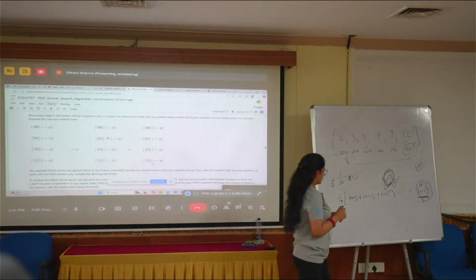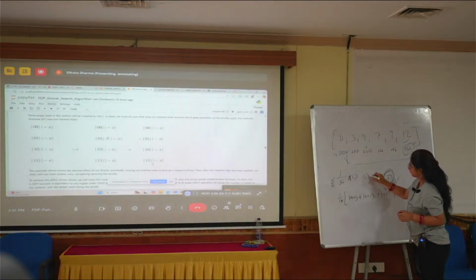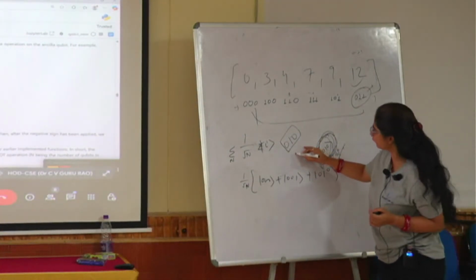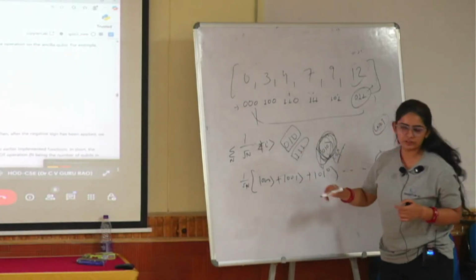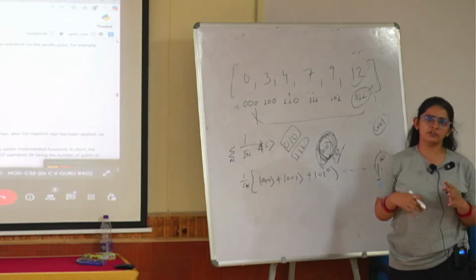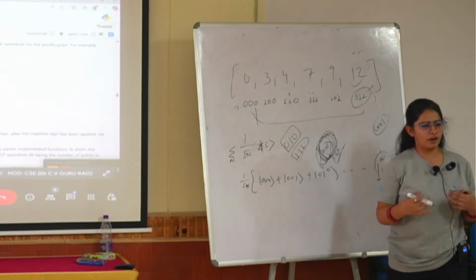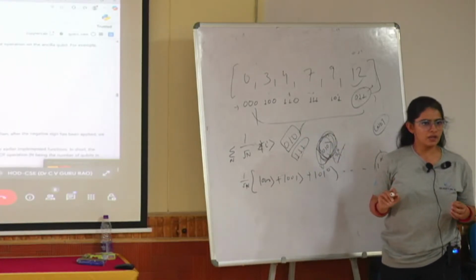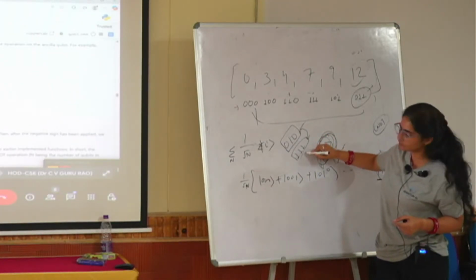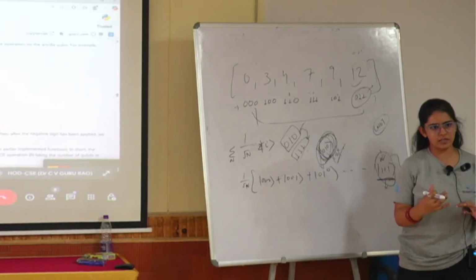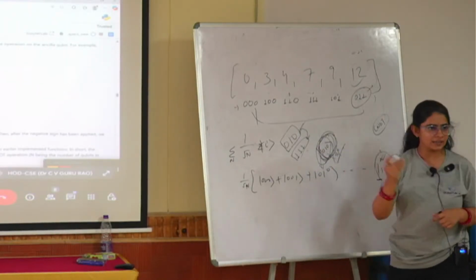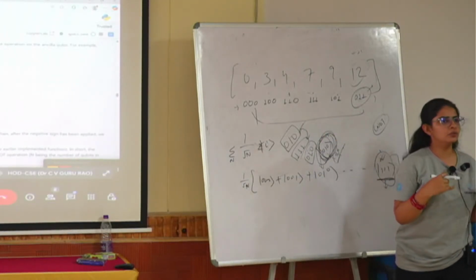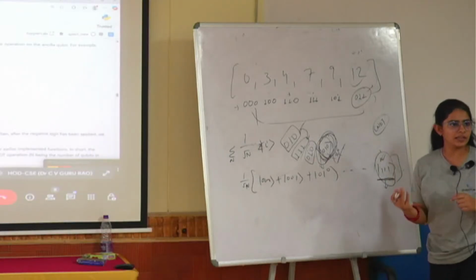Because if I ask the oracle that I am interested in this particular state, and after the X transformation I have converted it into 1 1 1, and I run the whole Grover search algorithm, at the end it gives me 1 1 1. But I was not interested in 1 1 1. I was only interested in 0 1 0. Converting this into 1 1 1 has somehow marked the state, but at the end I would be requiring 0 1 0 only. So for that, I would need to do something else as well.